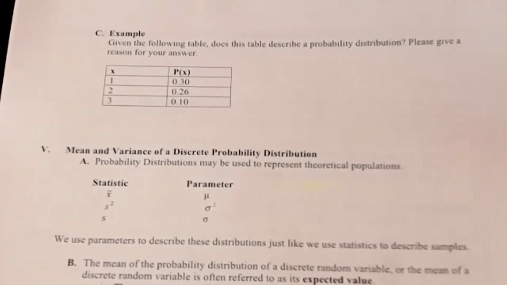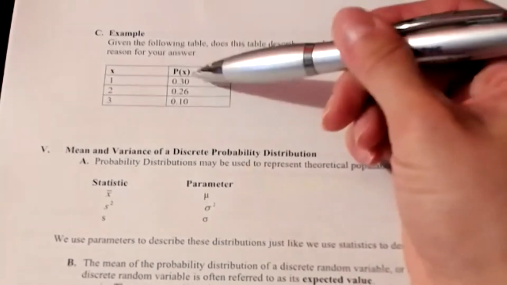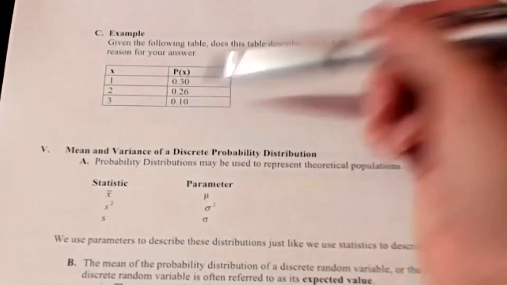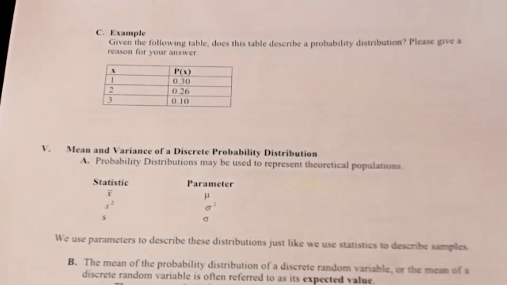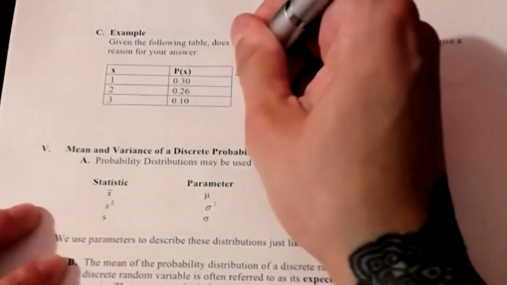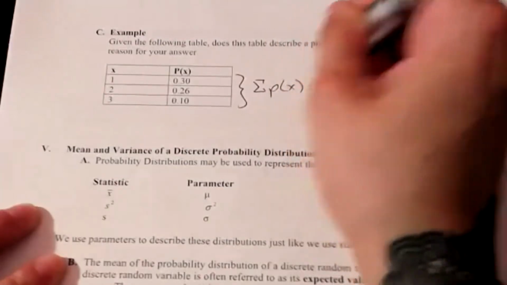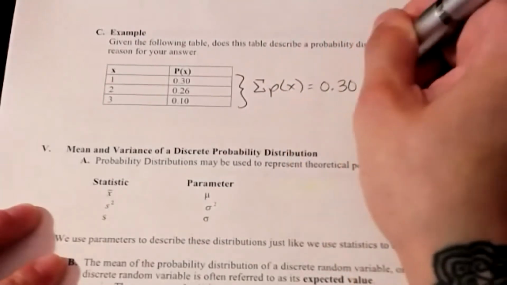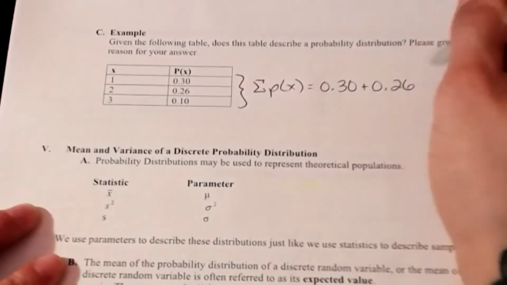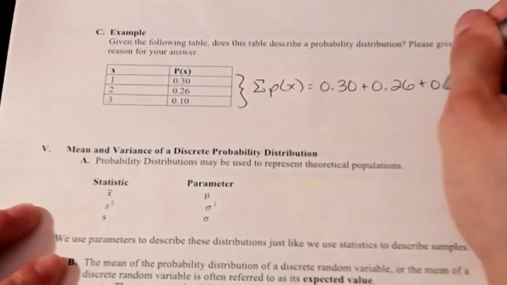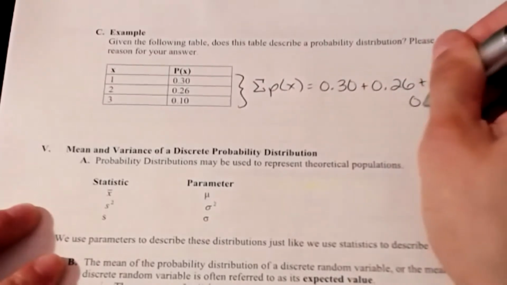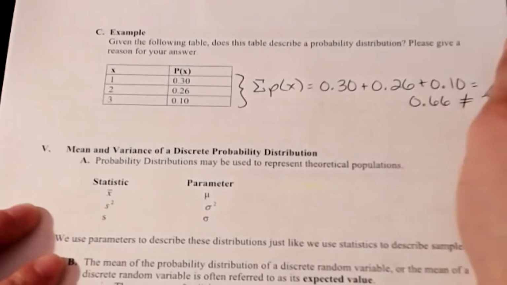We see that the random variable does take on numerical values, so that part is a success. We see that each of the probabilities sits between 0 and 1, so that is also a success. But then we have to determine if the sum of the probabilities is equal to 1. Well, when we take 0.30 plus 0.26, that's 0.56, plus 0.10, that's only 0.66, which is not equal to 1.